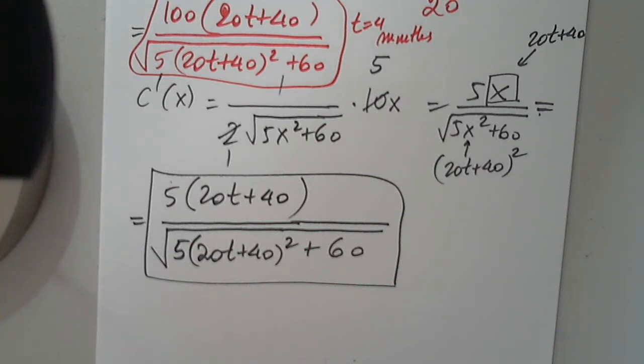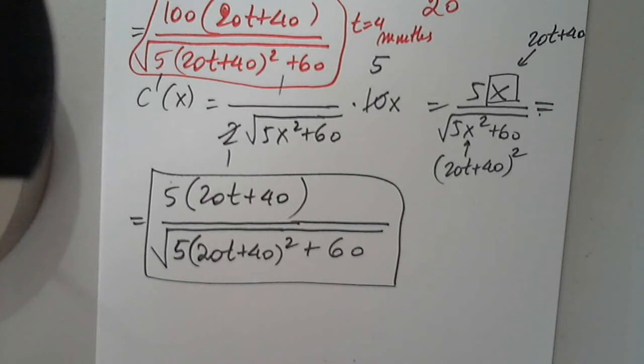Since it's only one value, you don't have to. You can even do it by hand, to be honest. So divided by the square root. I like to see the function. It's easier for me, but it may not be easier for you, so you can just plug it in. So I have parenthesis, I have 5, and again another one, 20x plus 40.